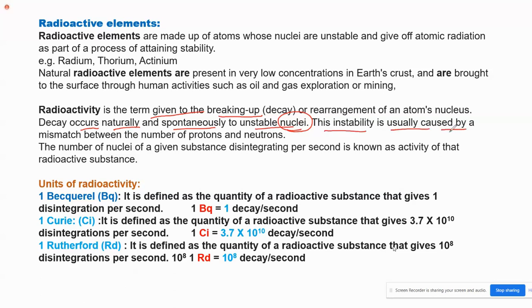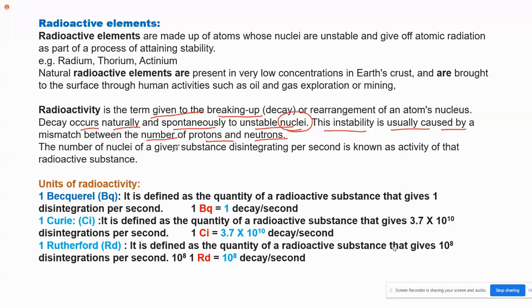Now this instability is usually caused by a mismatch between the number of protons and neutrons. Just as we discussed, as the number of neutrons is more than protons, those excess neutrons will be converted to protons, and the gap between the number of neutrons and protons will be filled up.